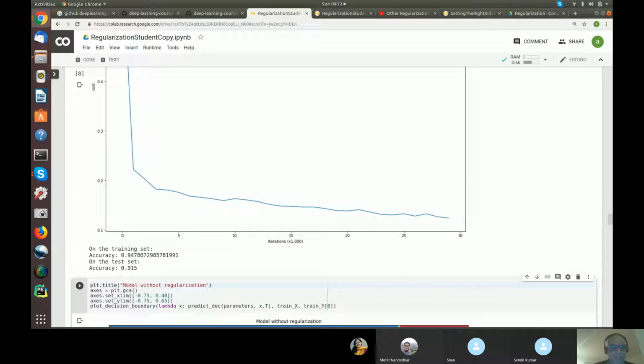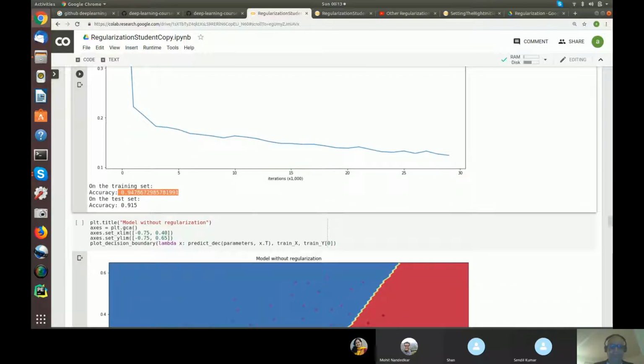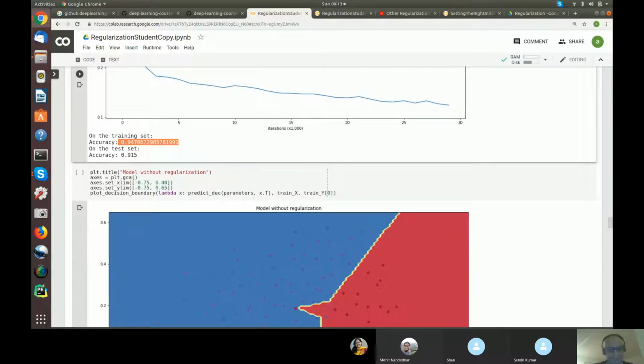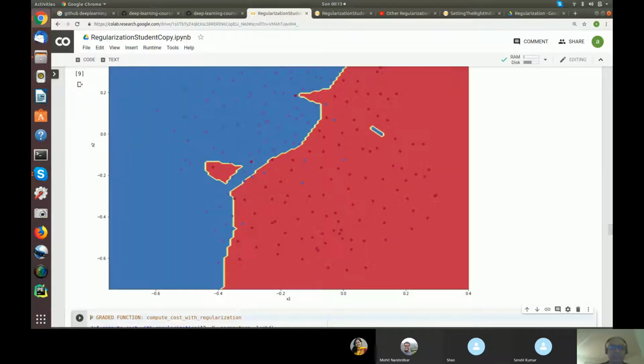So the accuracy we get on the test set is 0.91. Training set is much better. It's close to 0.95. Now let's see what this looks like.